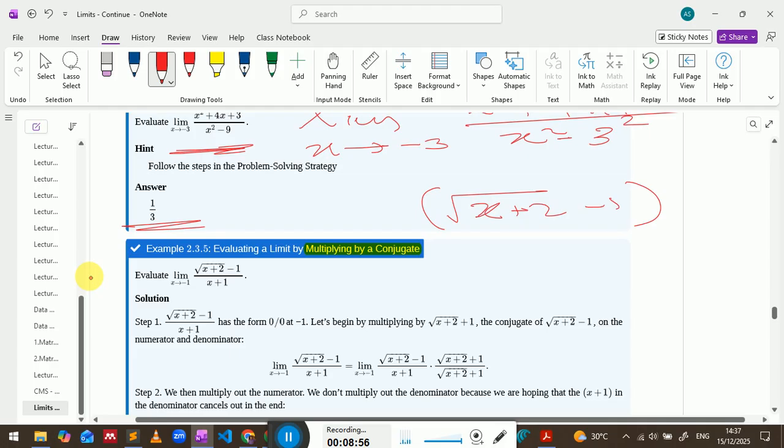Now if we have this expression, square root of x plus 2 minus 1, the conjugate of this is square root of x plus 2 plus 1. Similarly, if you have square root of x plus 2 plus 1, the conjugate of this is square root of x plus 2 minus 1.